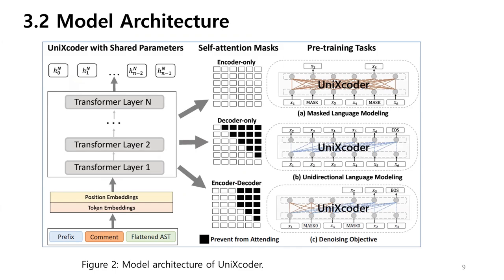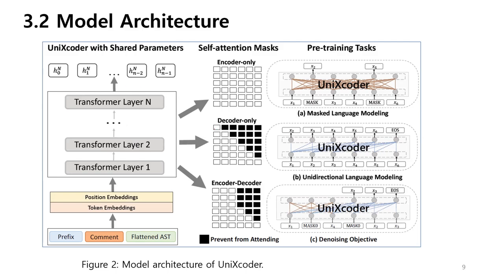So we pass through all these processes: token embedding, positional embedding. Then we pass through all the layers. Then we yield the hidden representation of the source code.